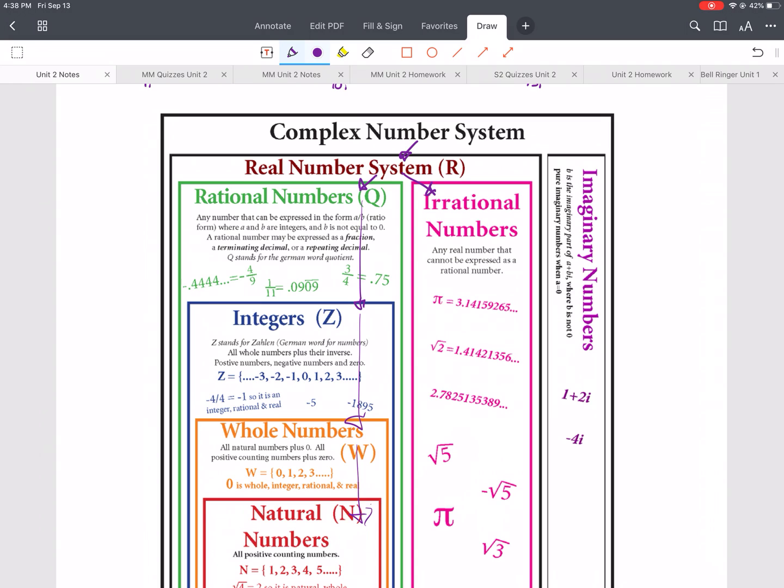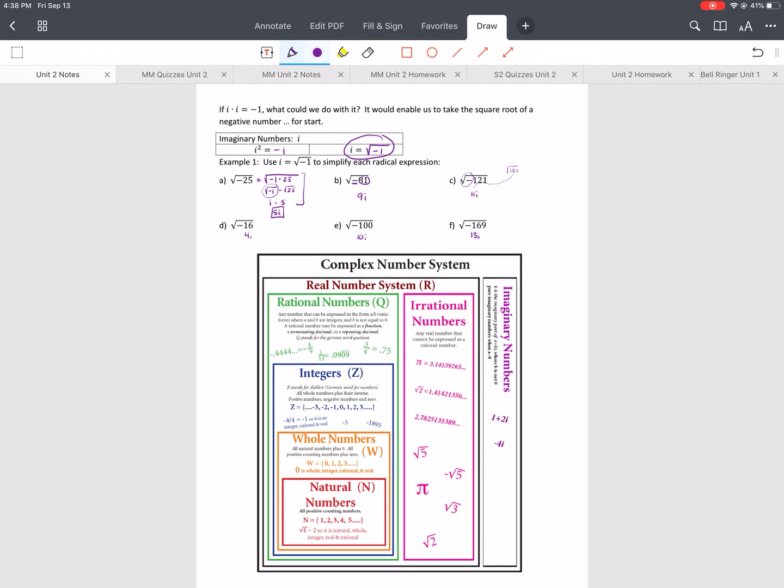Or you may go to complex and imaginary, if it's purely imaginary. Or if you have something that is real and imaginary, then you could just stop at complex. All right, hopefully that helped. Let me know if you have any questions.